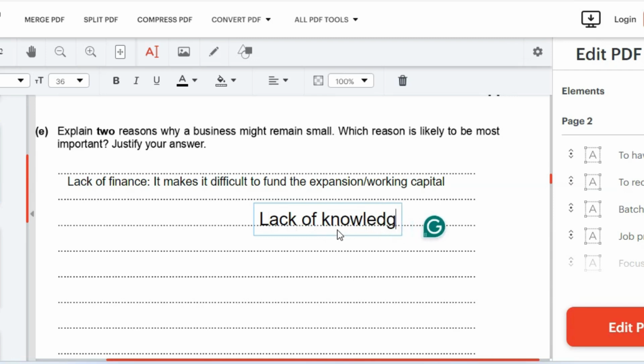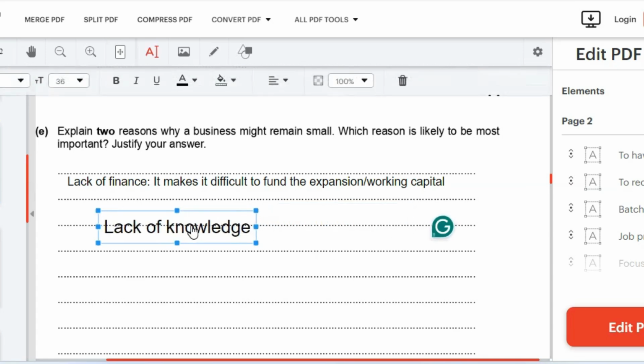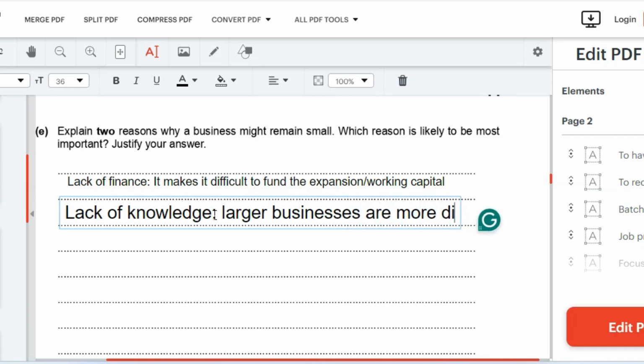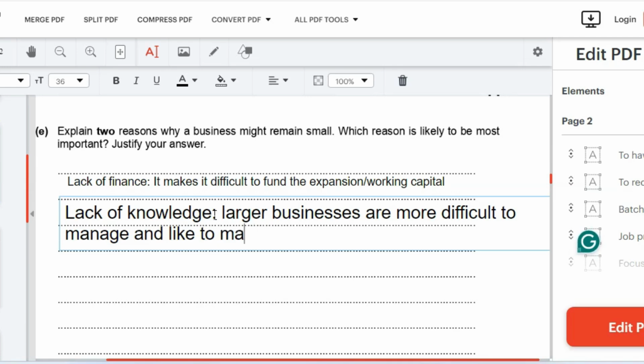To give a short explanation, larger businesses are more difficult to manage and likely to make mistakes if they expand.